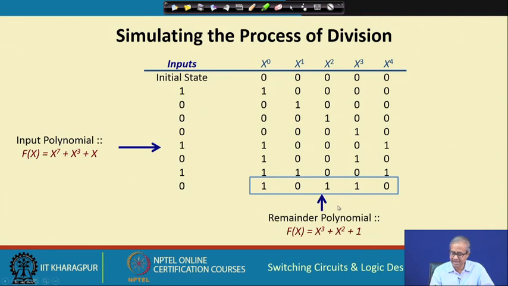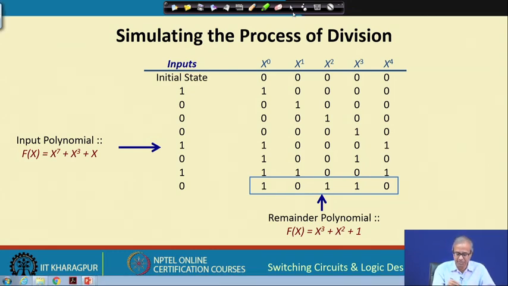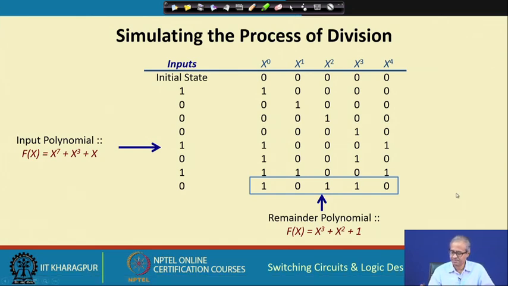You will see that whatever remains at the end is nothing but this 1 1 0 1, which is this polynomial, x cube plus x square plus 1. The final value in the LFSR, whatever it remains, will be the remainder polynomial. This is how polynomial division takes place. Okay. So, you need not know much more detail about this, just remember that it works.